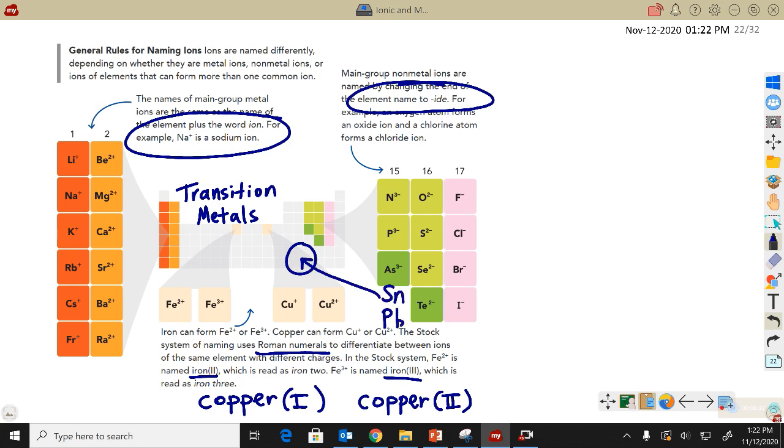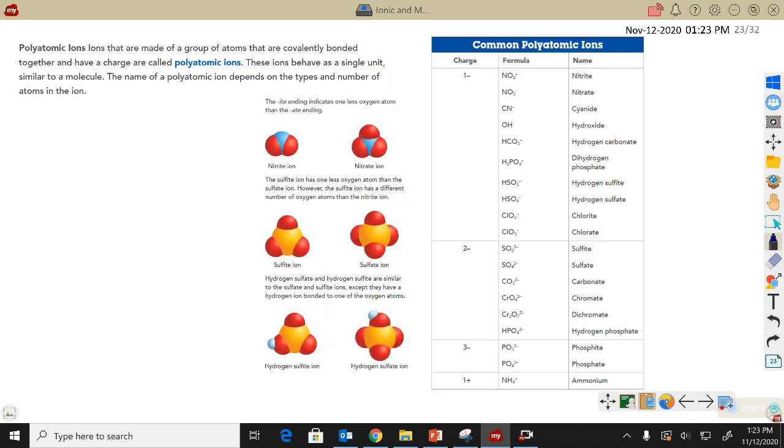And technically they're not transition metals, but they can have multiple charges. So transition metals, tin and lead, will always have that Roman numeral to tell you the charge. And then finally, when you get over to the negatives, just change the ending to IDE, and that represents a negatively charged ion.